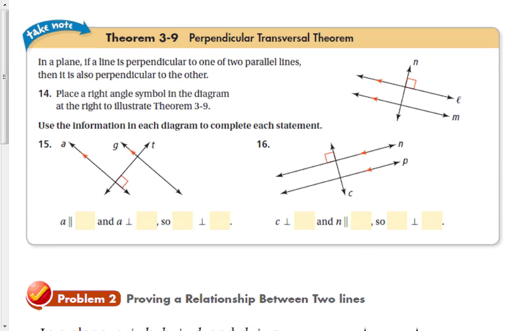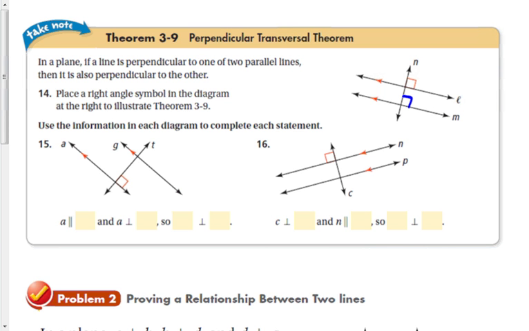Another theorem we're going to use is the perpendicular transversal theorem. In a plane, if a line is perpendicular to one of two parallel lines, then it's also perpendicular to the other. So the idea is that if this line is perpendicular to one parallel line, then it is also perpendicular to the other.